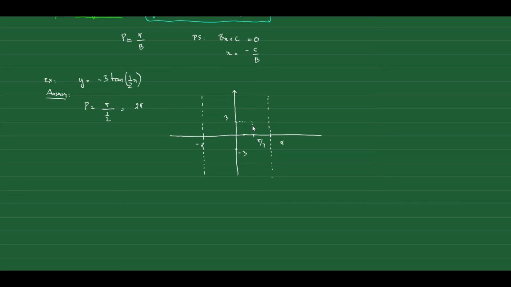So the value will be right here, and over here the value will be right here. Alright, so I'm going to make a curve going like that. We're going to make it go through the origin, and it's going to go up like this.